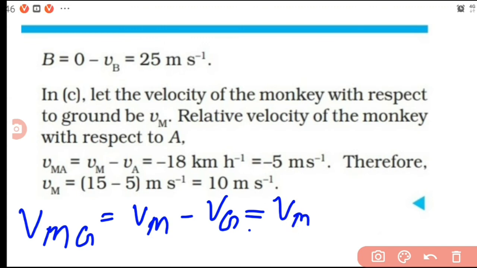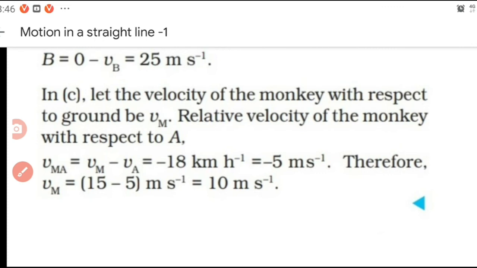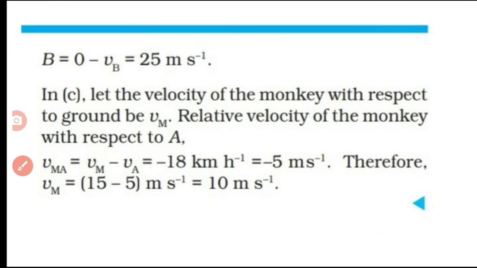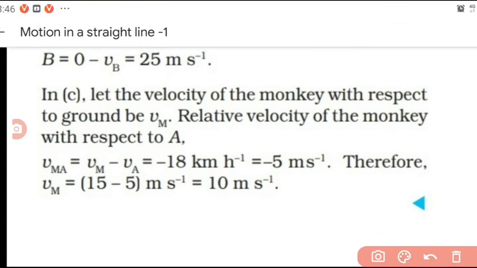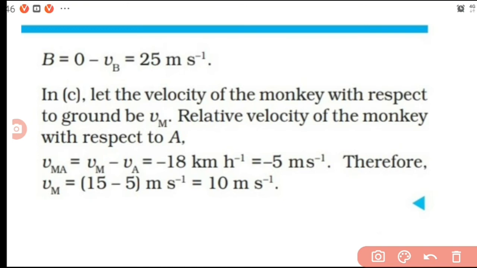Now what we know is VmA, the velocity of monkey with respect to train A, that is minus 18 km per hour. Why is it minus? Because on the roof of train A, the monkey is moving in the south direction. Converting it to meter per second, we have minus 5 meter per second.